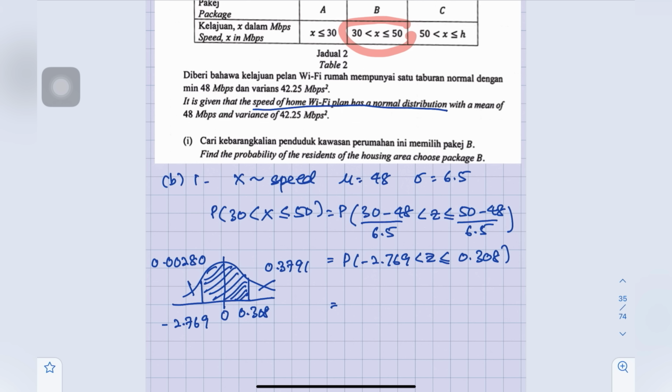To find the shaded area representing the probability, the total is 1, so 1 minus 0.00280 minus 0.3791. Then the probability is 0.6181.